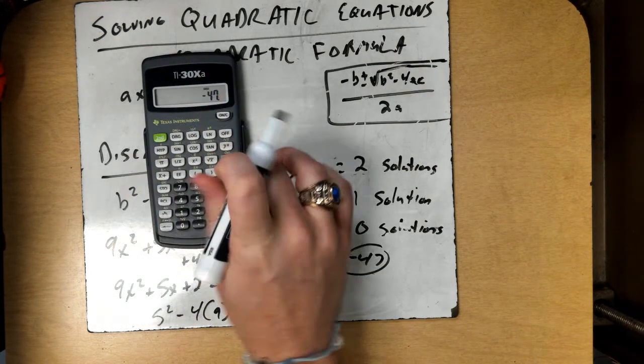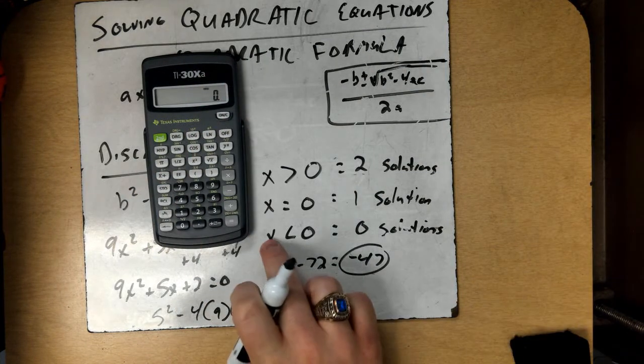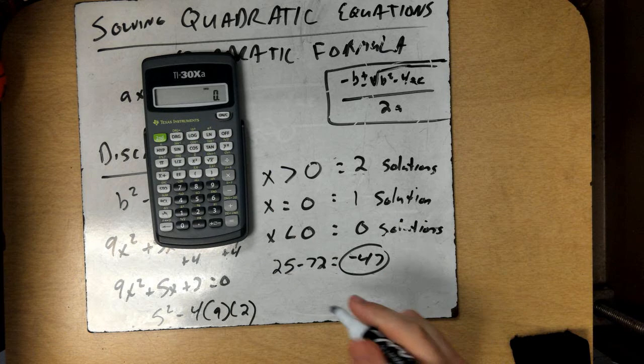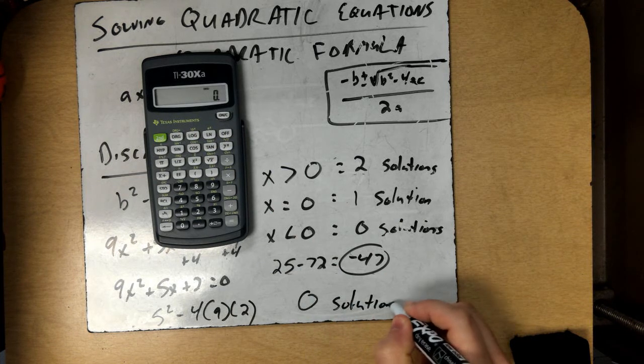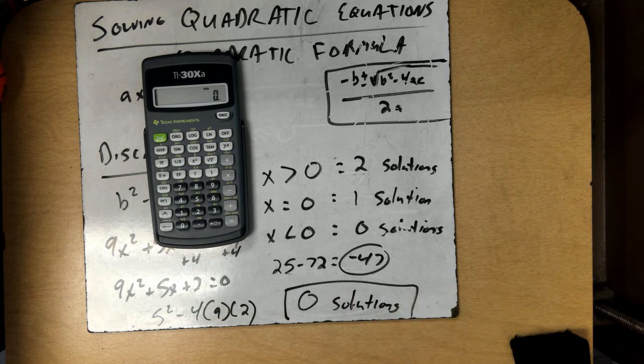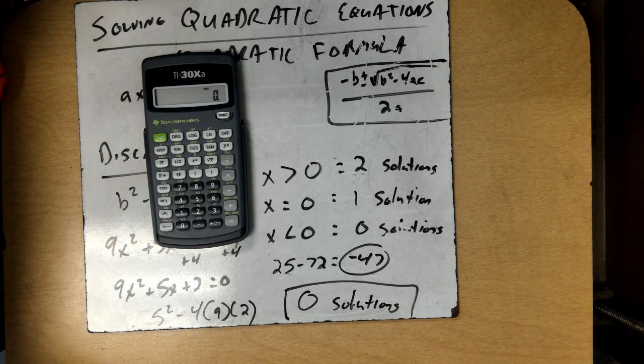So negative 47 is what the discriminant equals. It's less than 0 because it's a negative number, which means this has no solutions. Okay, so that's solving with the discriminant. That's solving with the quadratic formula. Follow the formulas, plug in your numbers, and be okay.